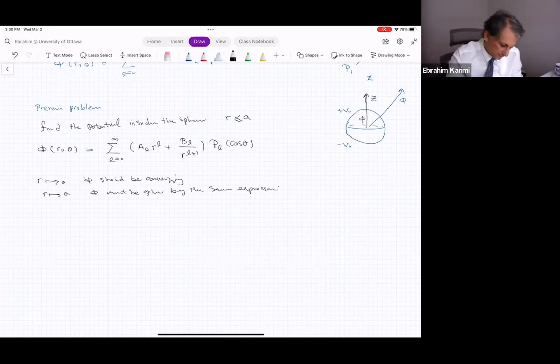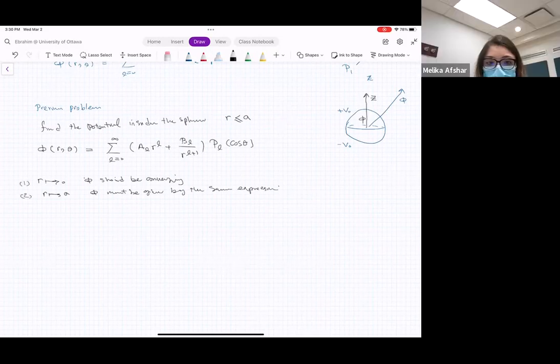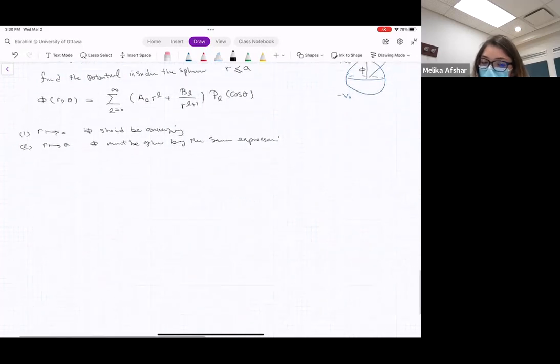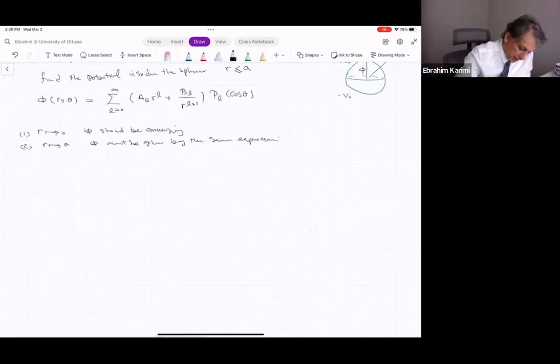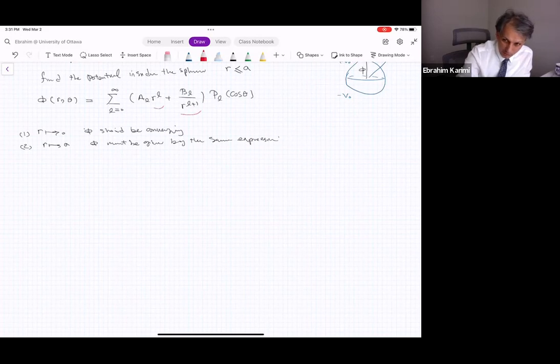Excellent. Thank you, Melika. So using the first condition, what will we get? If R goes to 0, we have two terms that depend on R: R to the power of L or R to the power of minus L minus 1. Definitely at R equal to 0, that term will diverge.